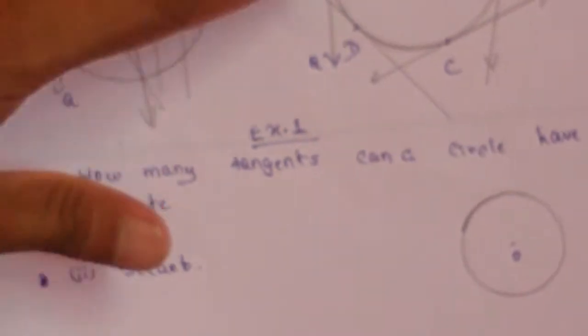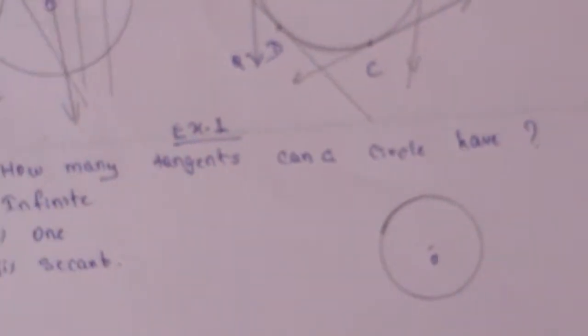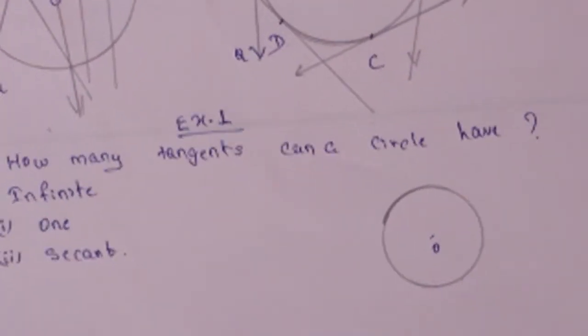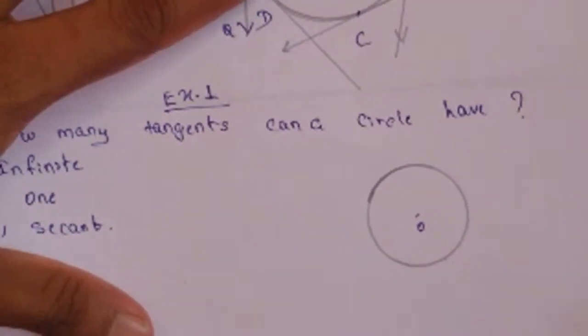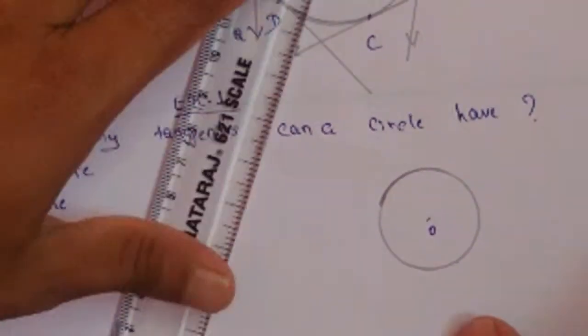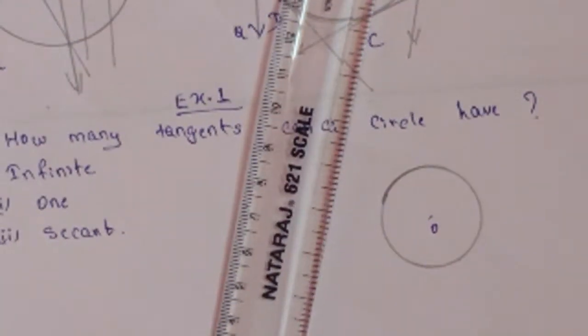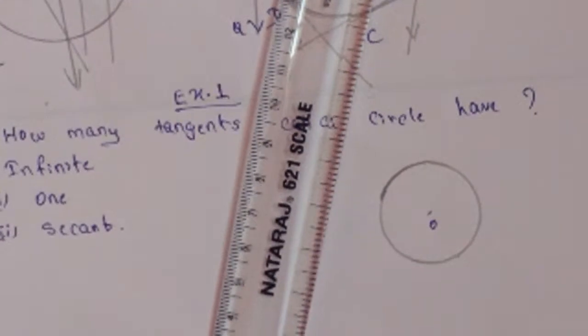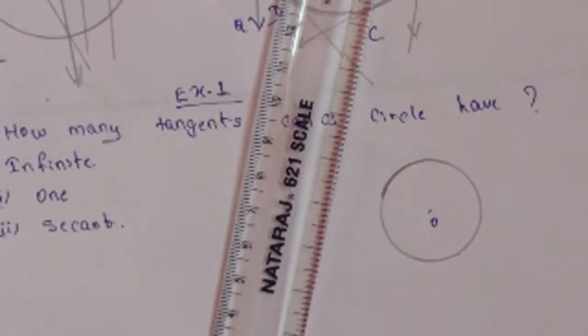So this point is O. I called the center point as O now. Now the question is, a circle can have dash parallel tangent at the most. How many parallel tangents we can draw to a circle?